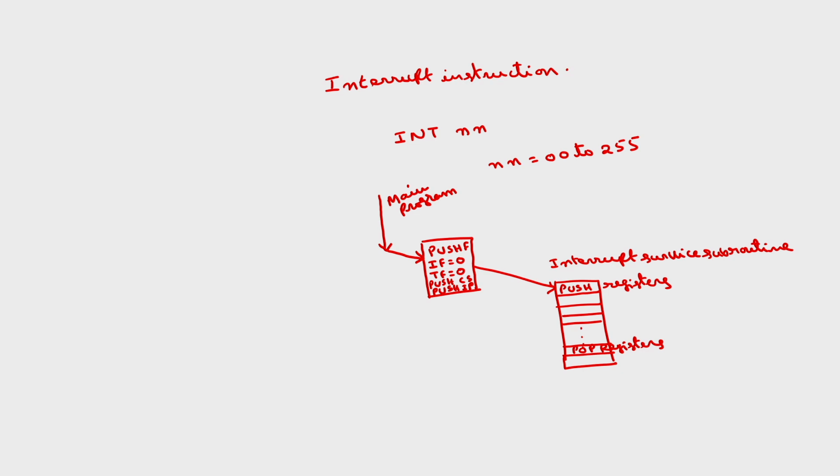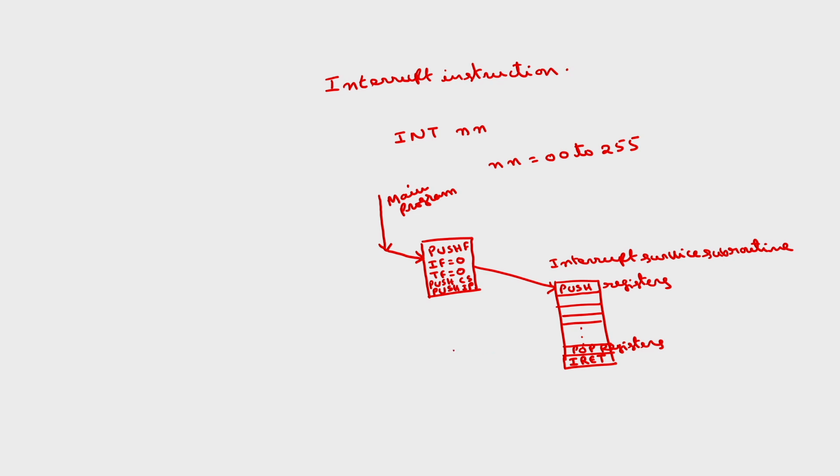Then at the end of the subroutine, we will pop all the registers, and the last instruction of the interrupt service subroutine is IRET. In a general subroutine, the last instruction will be just RET. The only difference between RET and IRET is interrupt return.